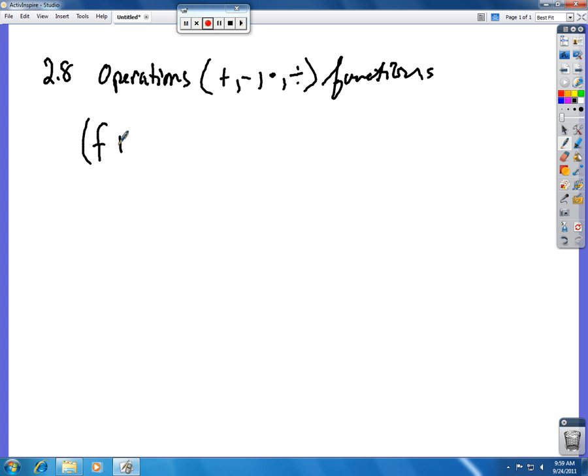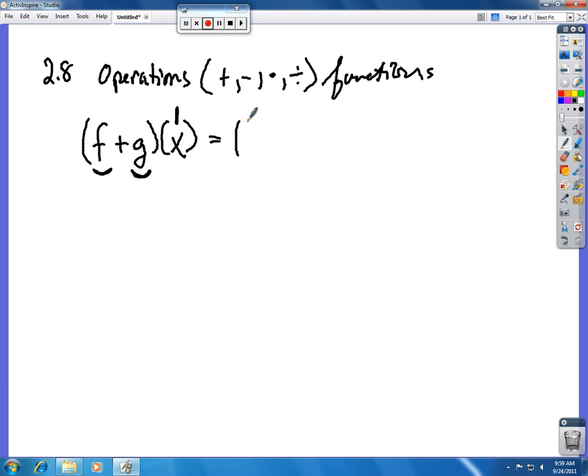So f plus g of x, that's saying you're adding two different functions, function f and function g, with a value of x as x in this case. But your x could be 1. So what does that mean? You're going to plug in 1 for x inside the function of f and the function of g, and then you're going to add them together.